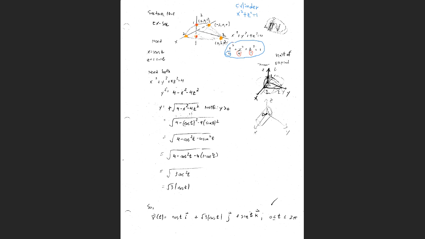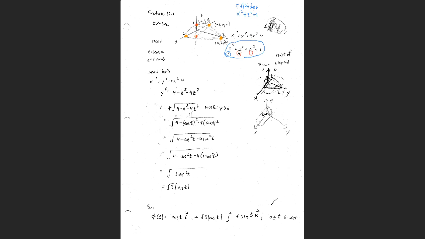Let's see, I want to be a little bit careful. It's going to trace out a space curve on the ellipsoid. But the question is, what is that space curve?